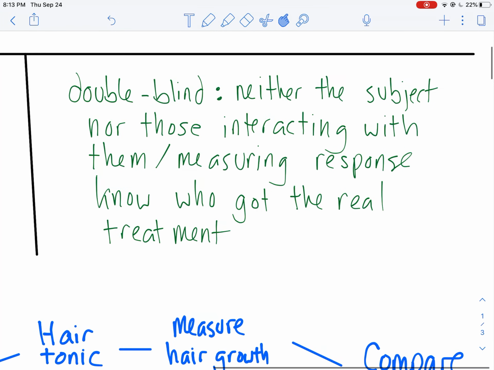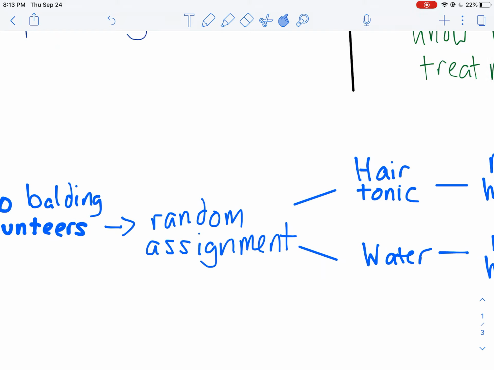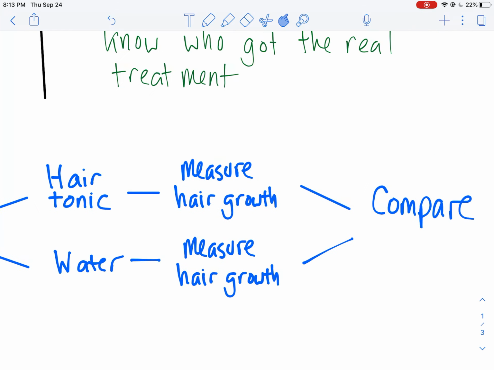That's single blinding. Now for double blinding, that's when neither the subject nor the person implementing the experiment knows who got the real treatment. So what that would mean is that maybe the scientist at the beginning mixes up the bottles, has no idea which one is going to whom, measures the hair growth, and then compares.